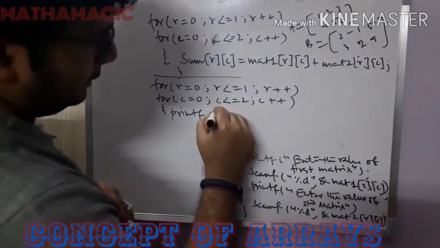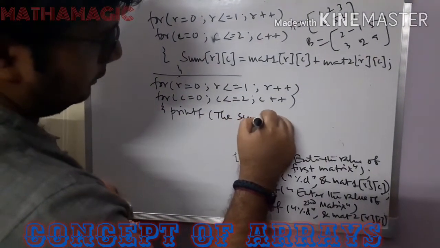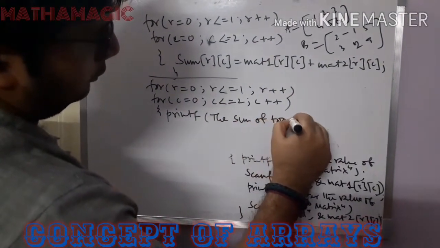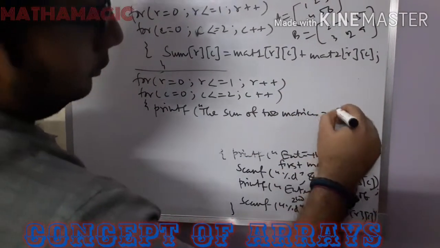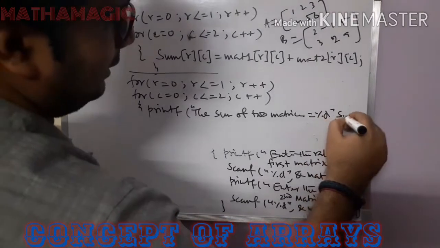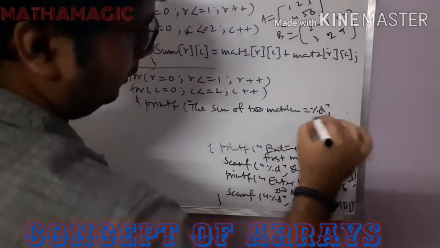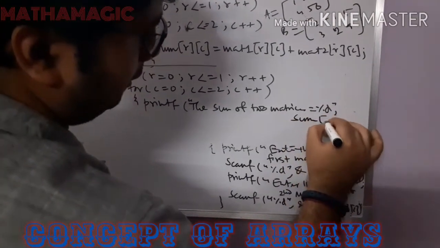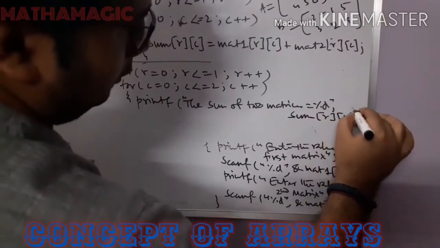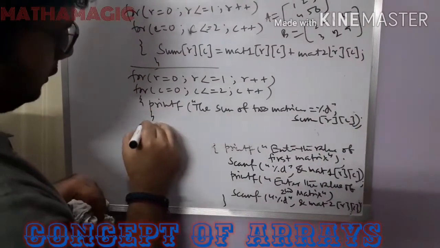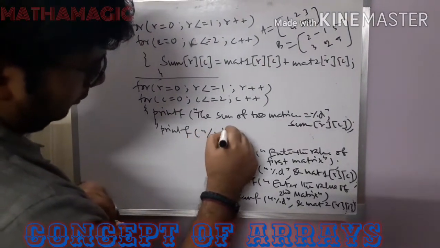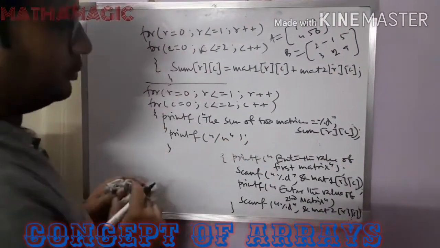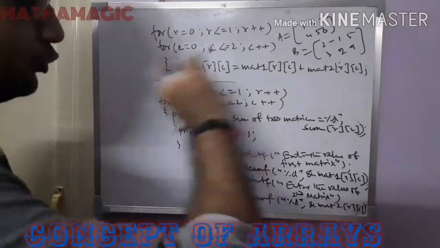So print the sum of two matrices is equals to %d comma sum R comma C. Now here we'll just close this one and we'll use printf \n, because we're trying to use a new line after each line.